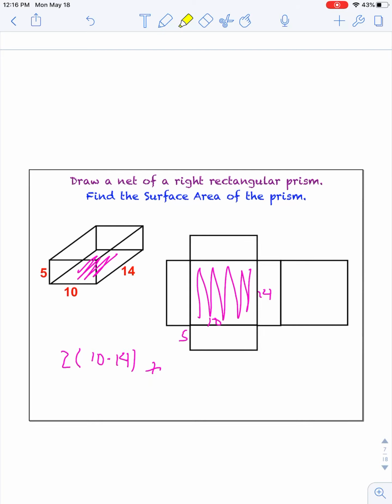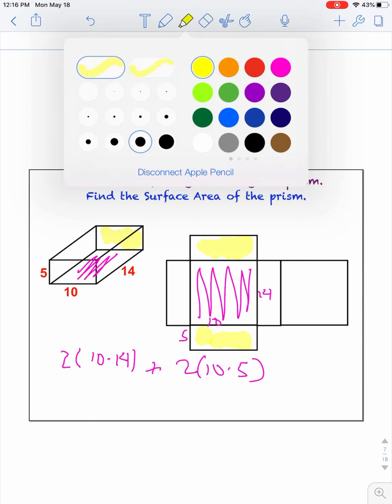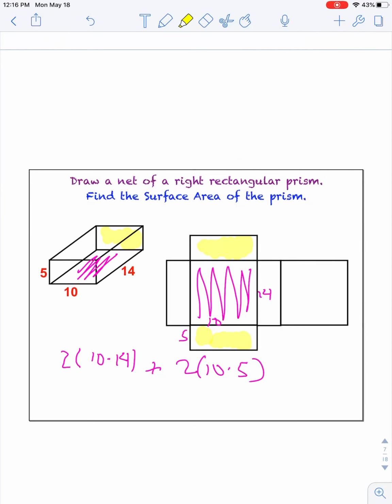And if we're finding the area of this face right here, that would be this back right there, that is going to be 10 by 5. And again, we have two congruent ones. And then we also have this right here.